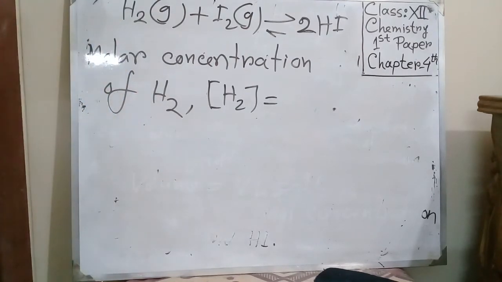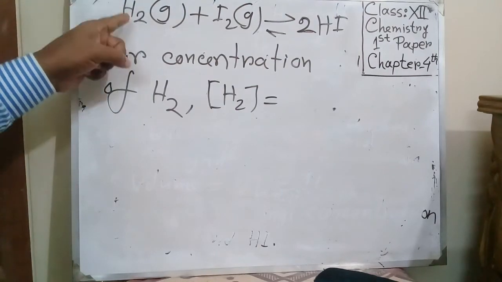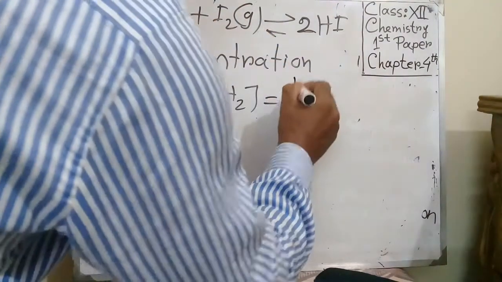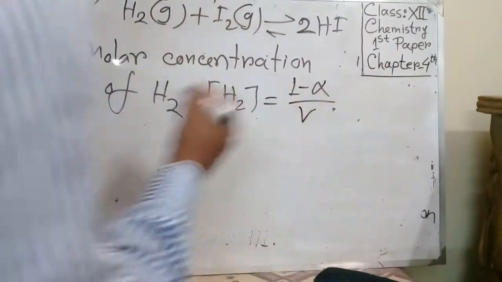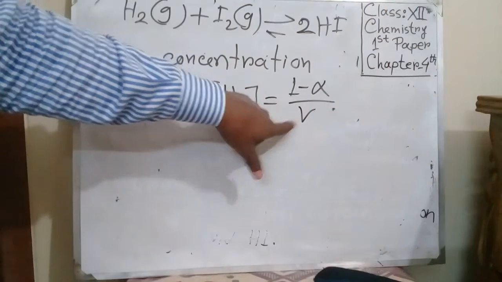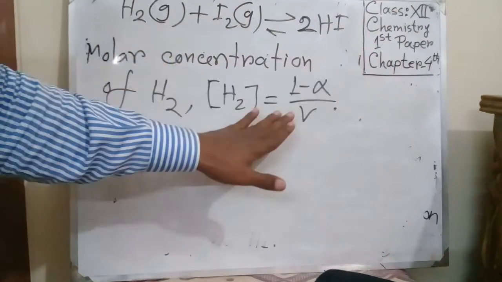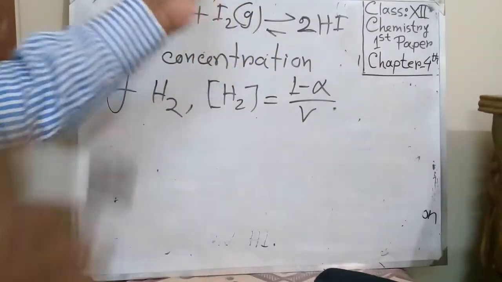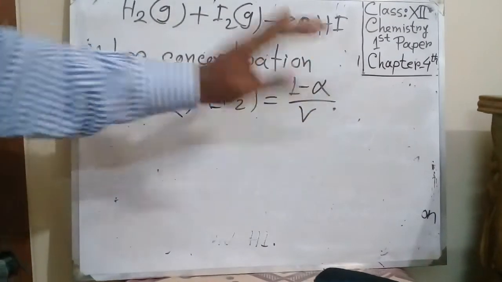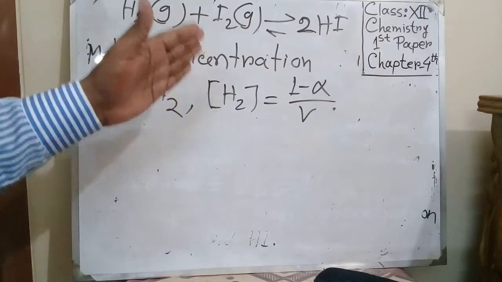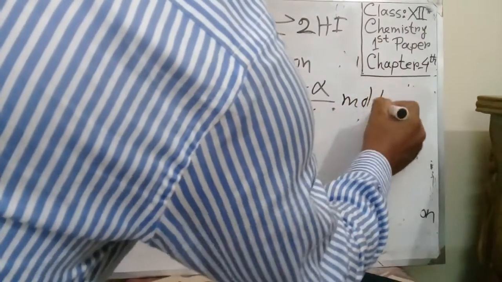So here we got 1 minus alpha at equilibrium, the number of moles of hydrogen, and we need to divide this by B liter. We can put the value of B here, but we will put the value later. So we have written B here, and finally when we find the final value, at that time we will put the value of B, that means volume. We will keep it like this, mole per liter.